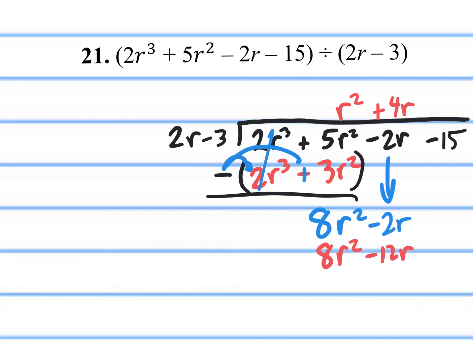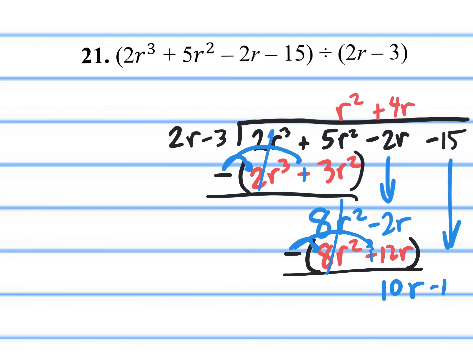And of course, we are subtracting. We need parentheses. We need a minus sign. Distribute that minus sign. That's going to become a negative 8r squared, which cancels with the above. And over here, that becomes a positive 12r. So negative 2 plus 12, that gives us a positive 10r. Bring down the minus 15.